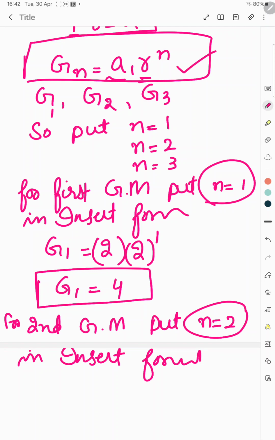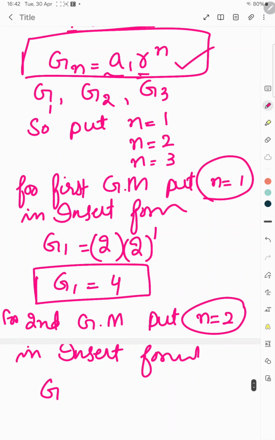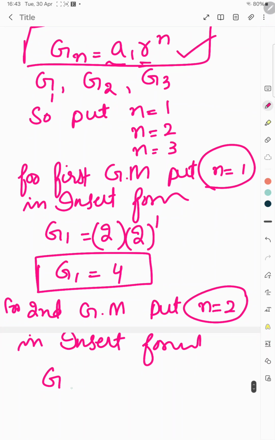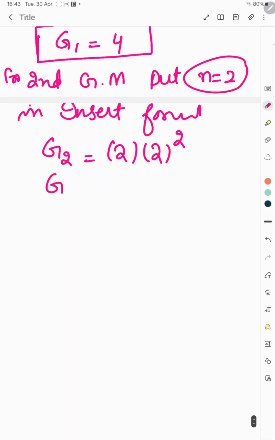So this is the formula, and instead of n I will write the value of n, which is equal to 2. A1 is equal to 2, R is equal to 2, and n is equal to 2. So here I get G2 is equal to 4 2s are 8. So G2 is equal to 8.